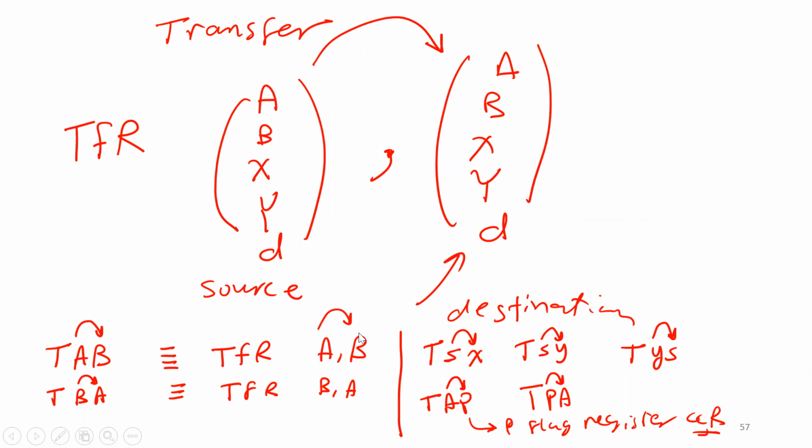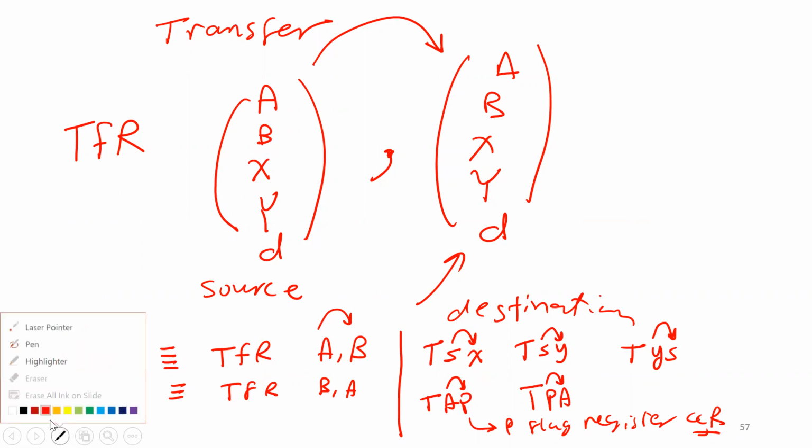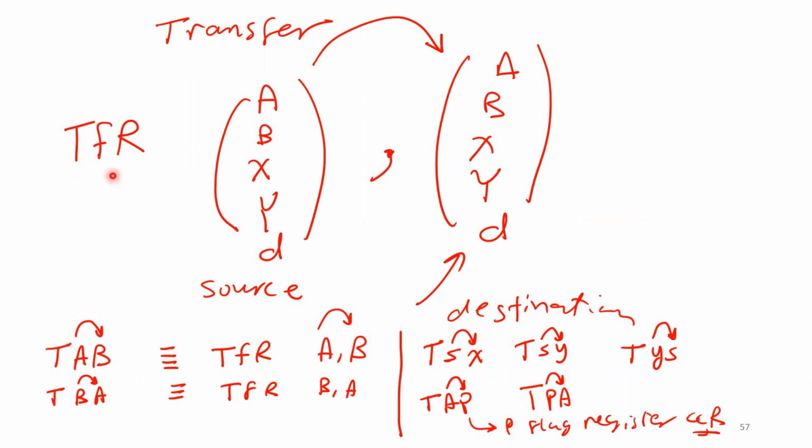You can use it this way, or we have another instruction. The instruction transfer, TFR, needs two operands, as you see here: one operand here, one operand here. We also have another instruction, TAB.